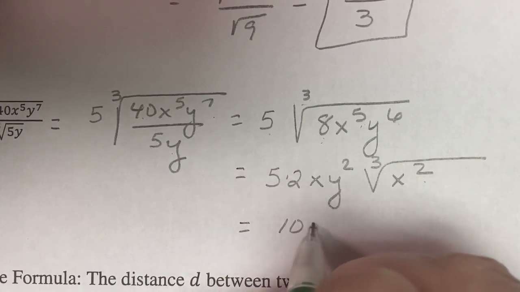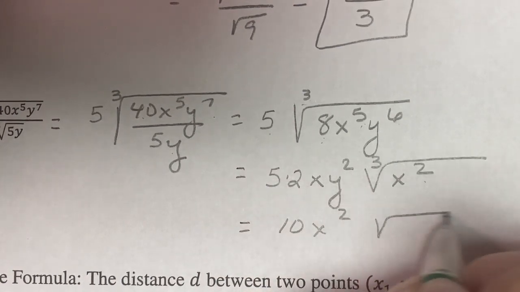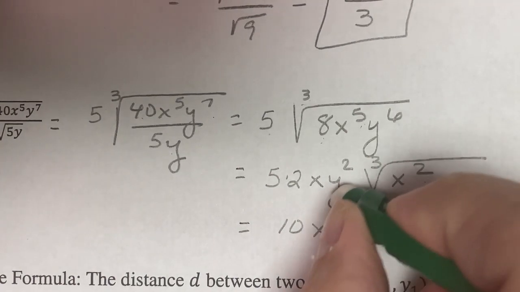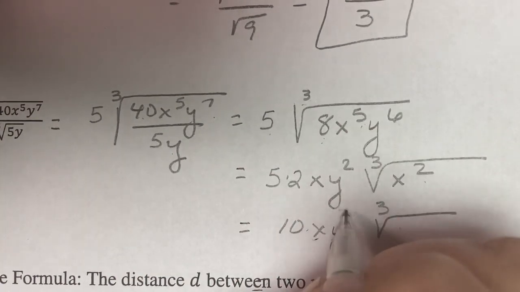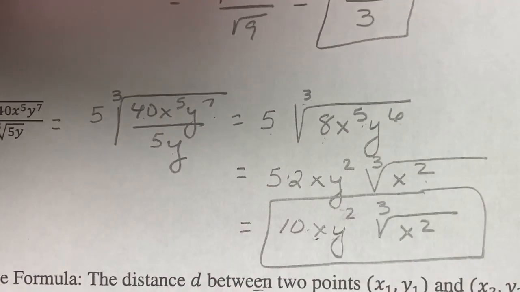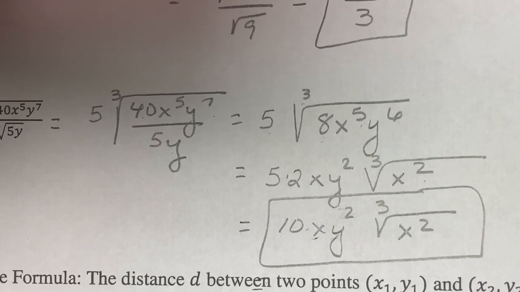So if I just simplify the outside, oops, not x squared, it's xy squared. This will be my answer.